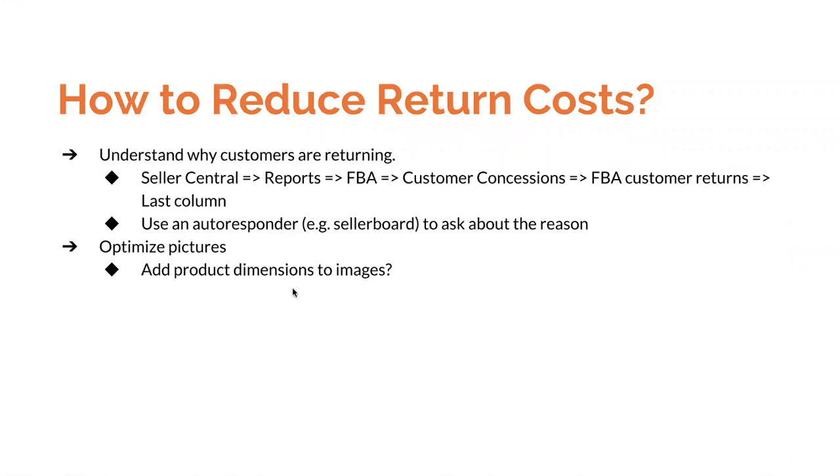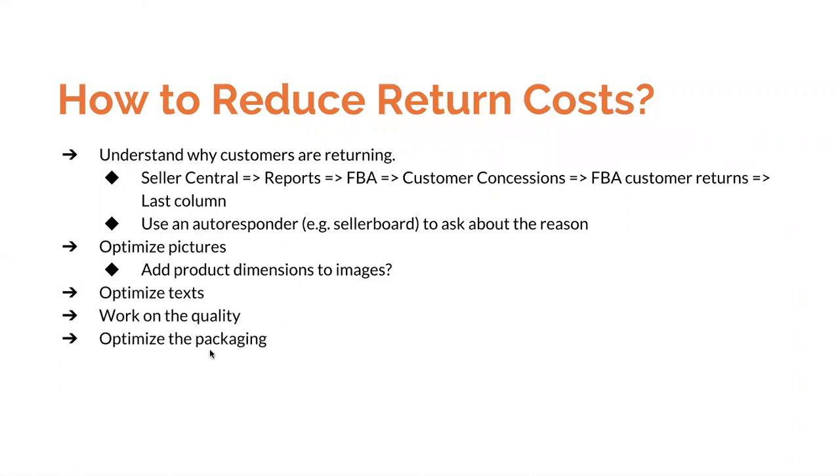If you add dimensions directly to the images instead of only putting them in the text, this might help also. Of course, you can optimize texts. In the end, you need to know what the reasons are, what's confusing about your product. If nothing is confusing, maybe the return rate is just normal for your category, then you're good, of course. And then stuff like, okay, you need a better quality product.